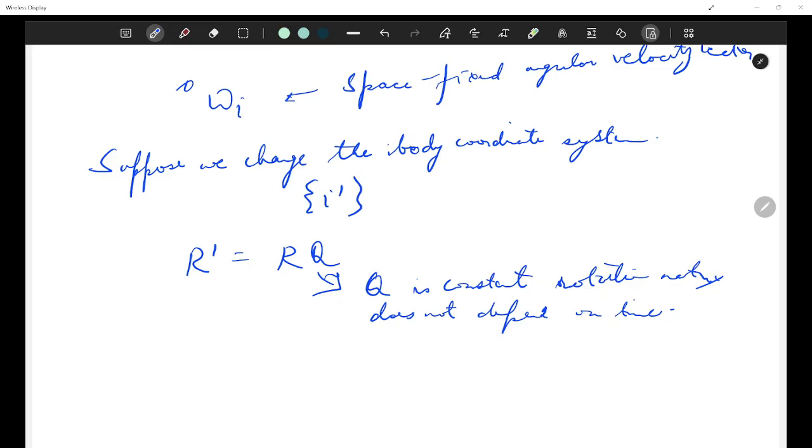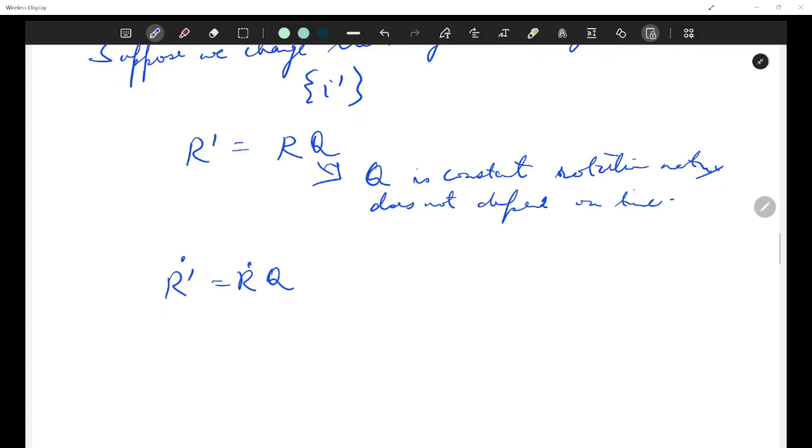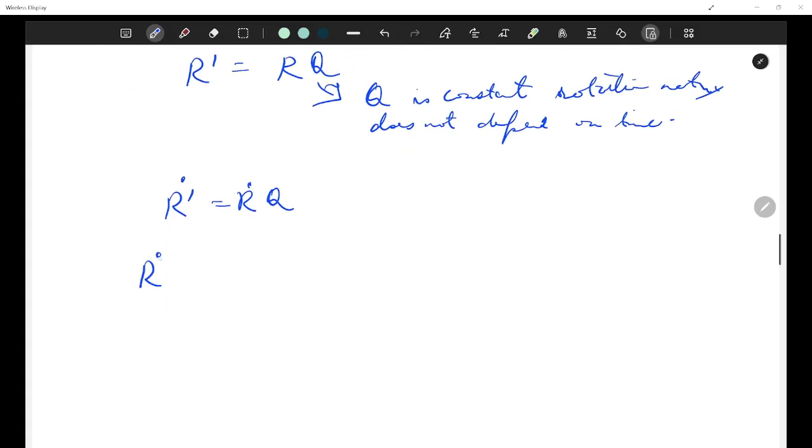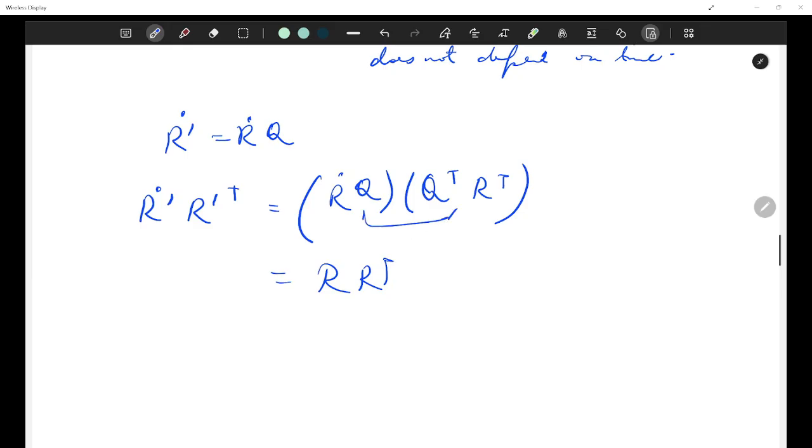This means that we are reorienting the body coordinate axis, but the body itself is unchanged. We already talked about this. After this, if you differentiate the rotation matrix into r dot Q, now you can compute R dash dot R dash transpose, which would be r dot Q Q transpose r transpose. It is just a matter of Q Q transpose, which is the identity matrix, so you will get r dot r transpose.